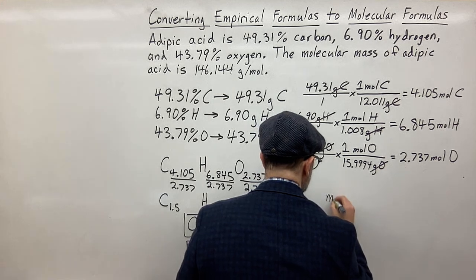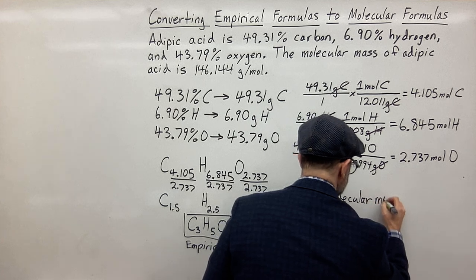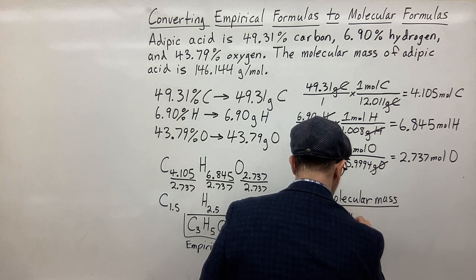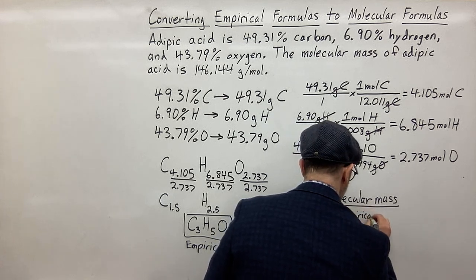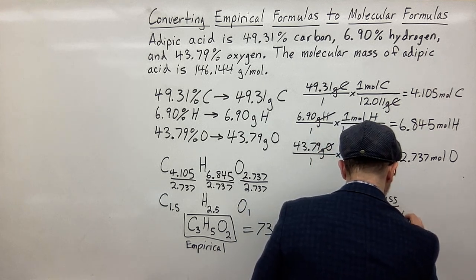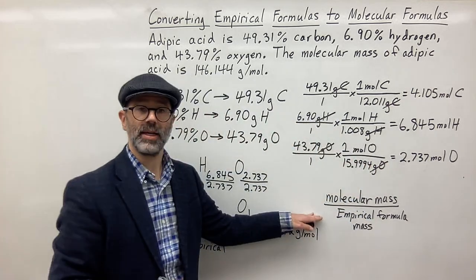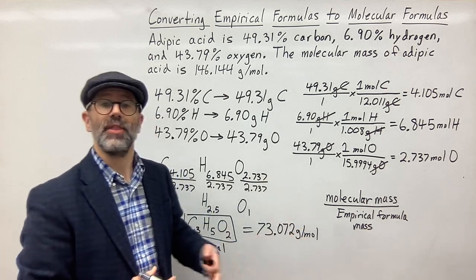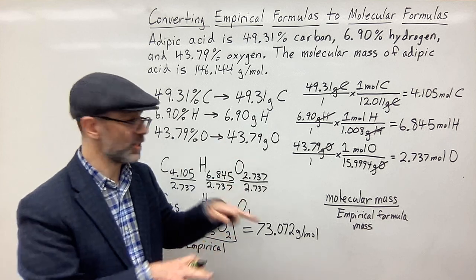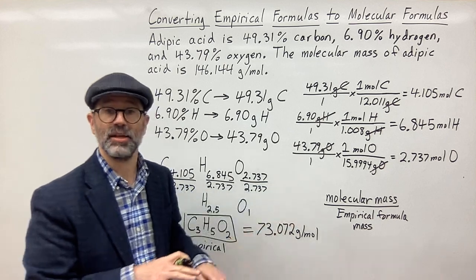So, molecular mass over empirical formula mass. If we divide one by the other, then we should get a factor that tells us the difference, the factor by which the formulas differ, because the formulas differ by the same factor as the masses differ.